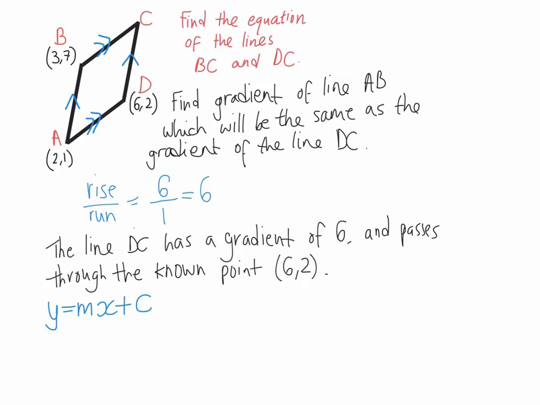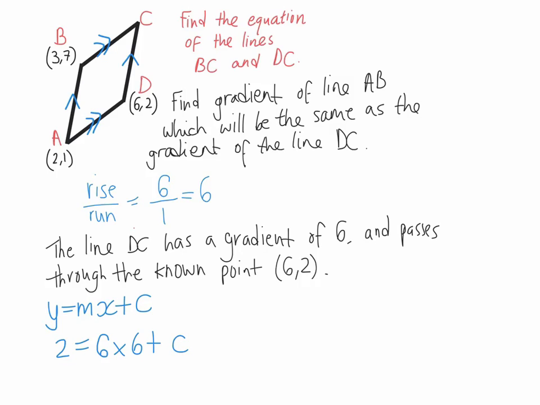Now using the normal way of writing a linear equation, y equals mx plus c, we can substitute the known point in along with the gradient, and then we've only got one unknown to find. So the known point passes through the y coordinate 2, and then the m we said before is 6, and it passes through the x coordinate of 6 plus c.